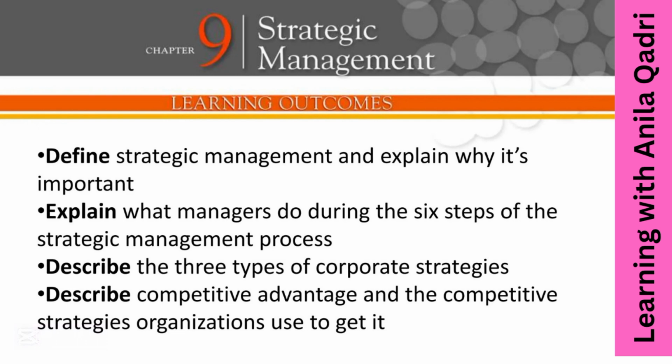Explain what managers do during the 6 steps of the strategic management process. Describe the 3 types of corporate strategies. Describe competitive advantage and the competitive strategies organizations use to get it.